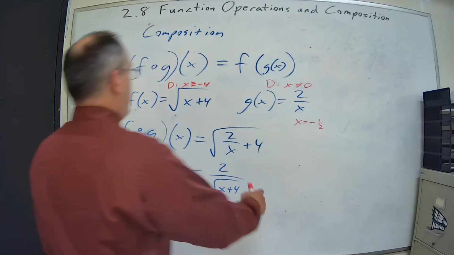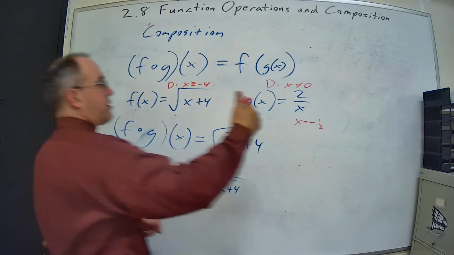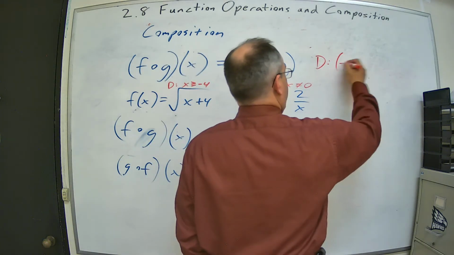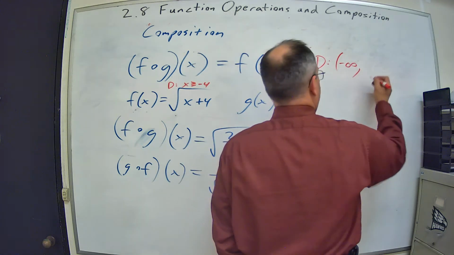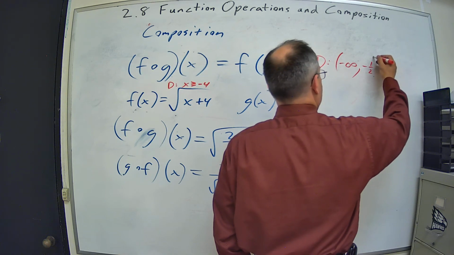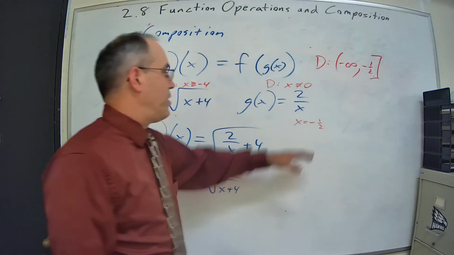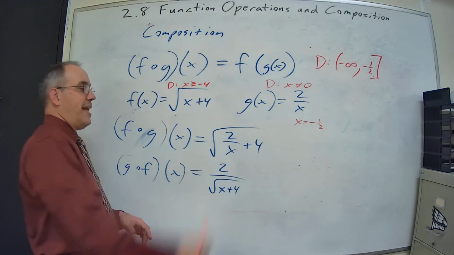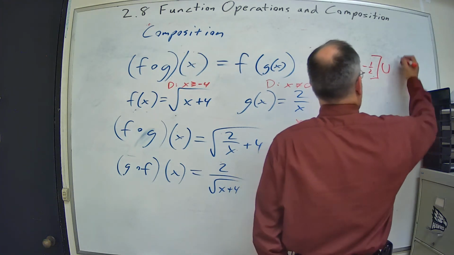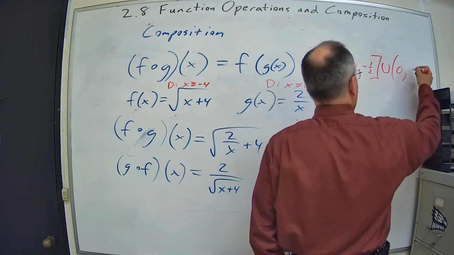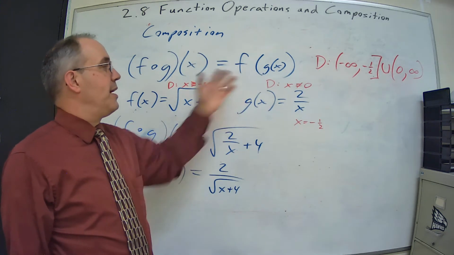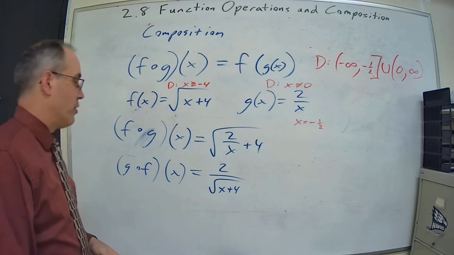So our domain of f of g of x is going to be from negative infinity to negative 1/2 inclusive, because remember, negative 1/2 puts us at negative 4, and that's okay. And from 0 exclusive to infinity. And that will be the domain of that function.